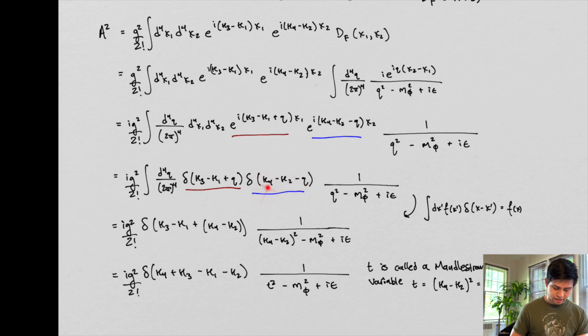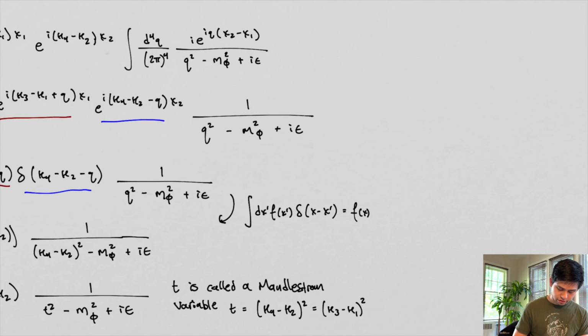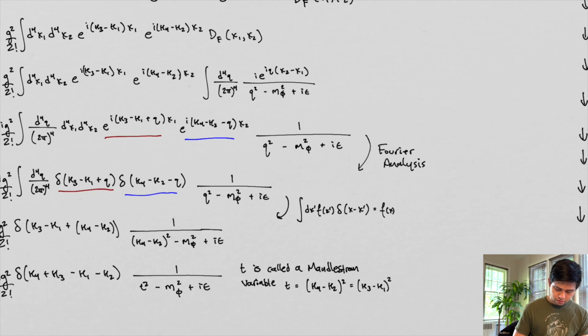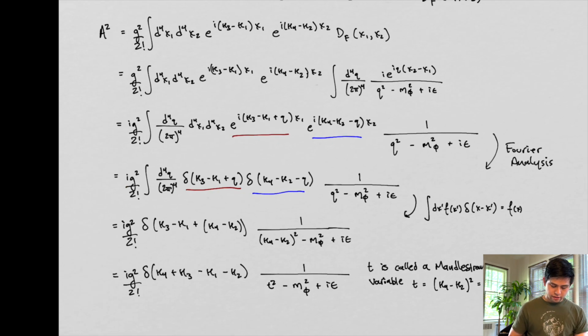So that's these two guys, and that helps us get rid of these two integration factors. Also, this from here to here, I will reiterate this point. From here to here, this is Fourier analysis.